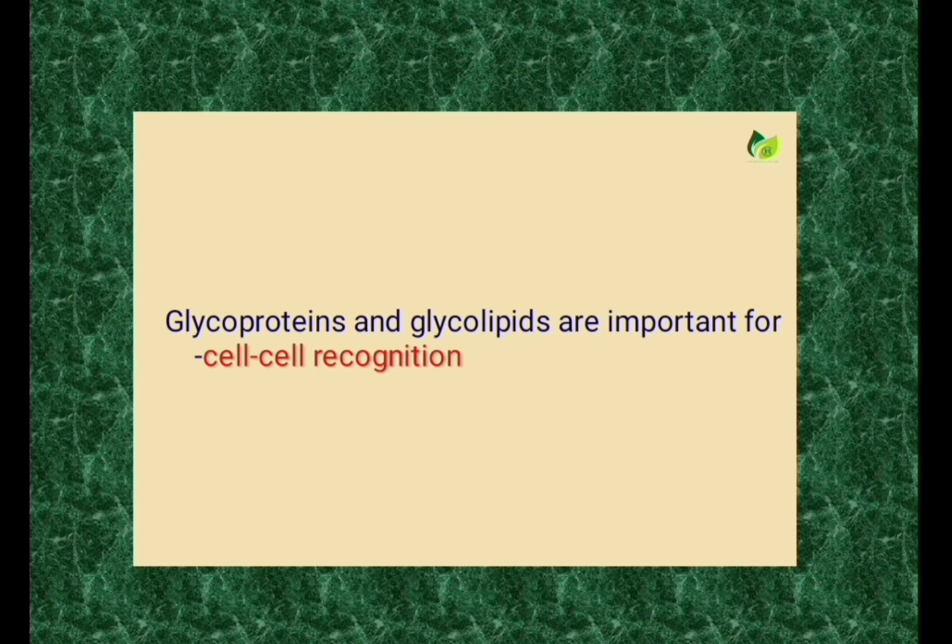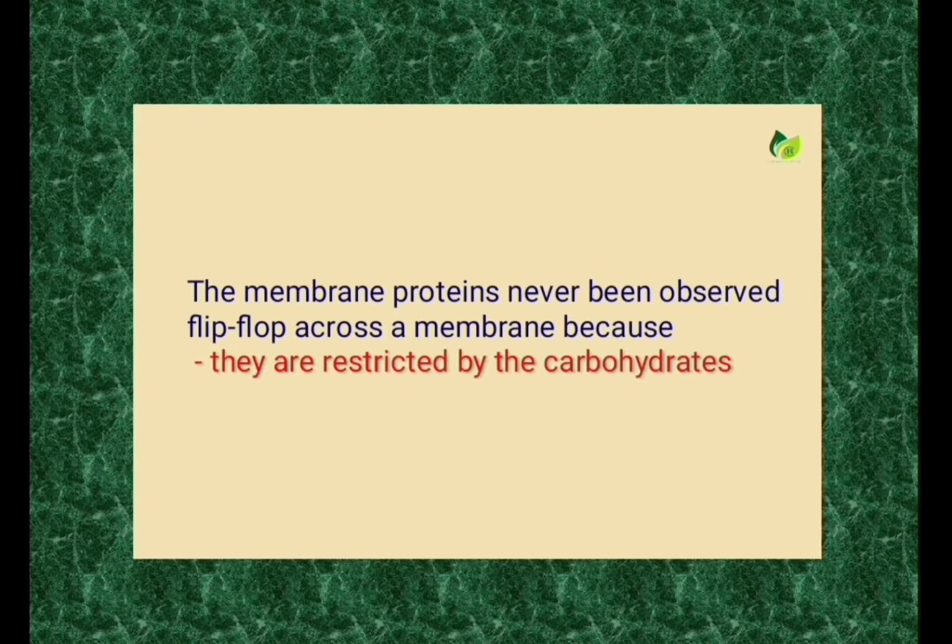As I told you before, carbohydrates are in least proportion. They are important for cell-to-cell recognition. You should remember. Next question. The membrane proteins have never been observed to flip-flop across the membrane because they are restricted by the carbohydrates.